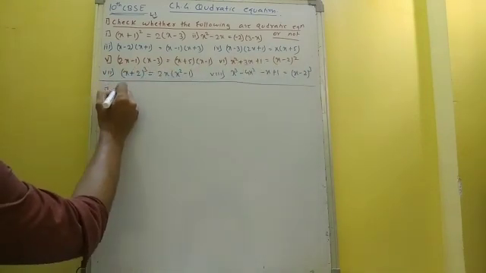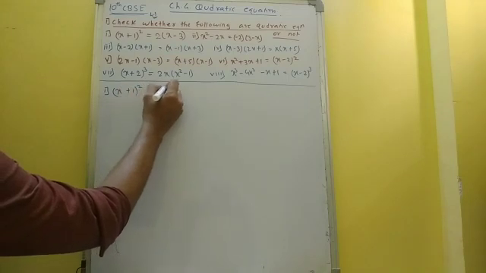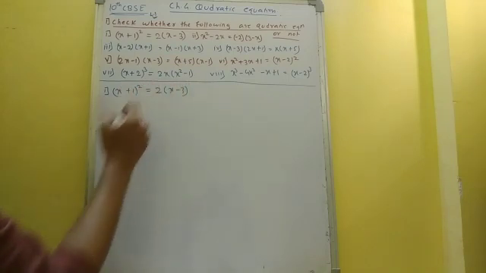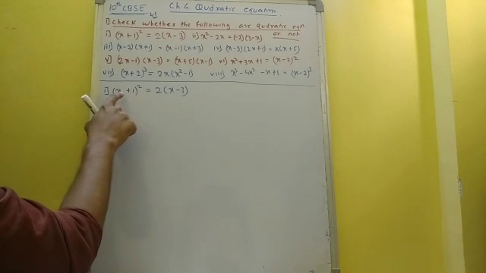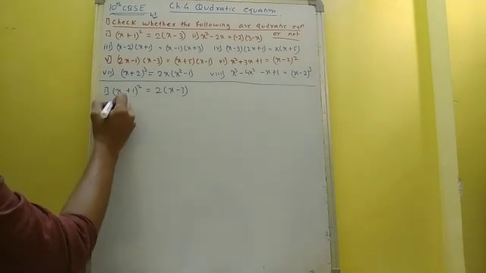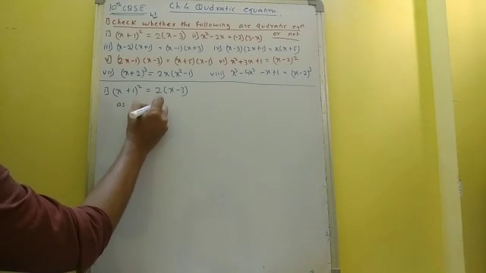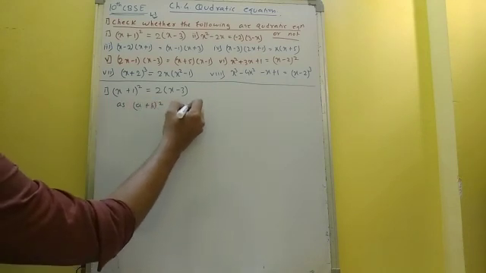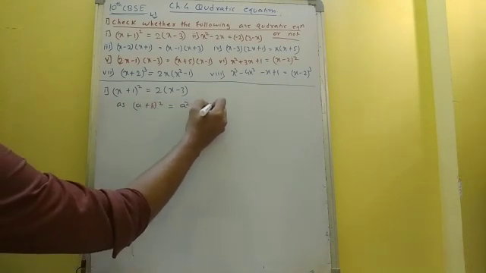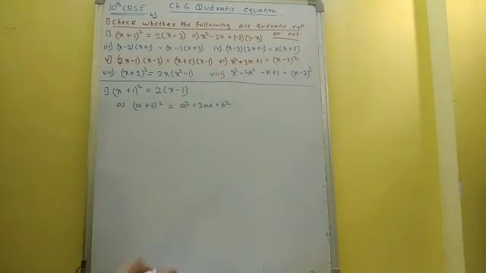What is the first one? (x plus 1) the whole square is equal to 2(x minus 3). When we open the bracket, what is the formula of (a plus b) the whole square? (a plus b) the whole square is equal to a square plus 2ab plus b square.